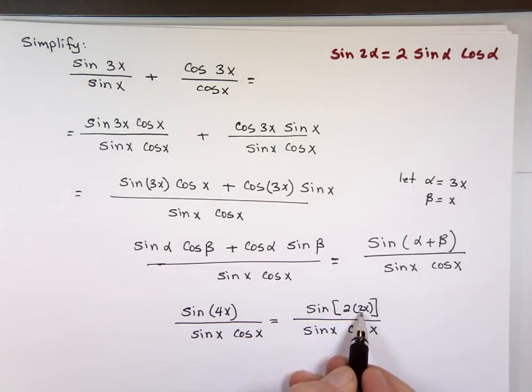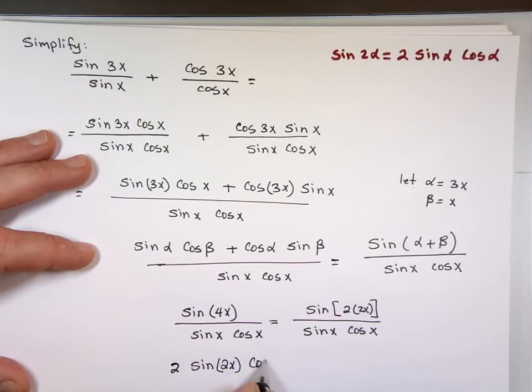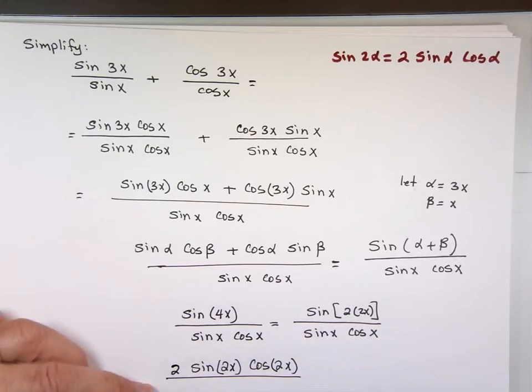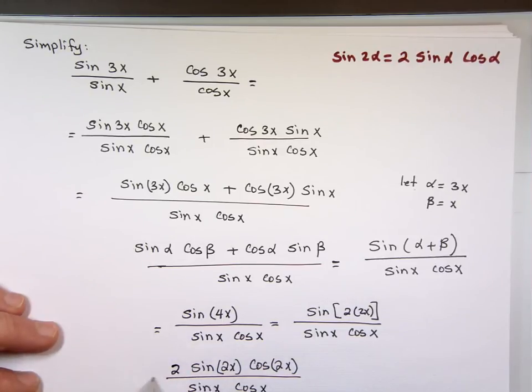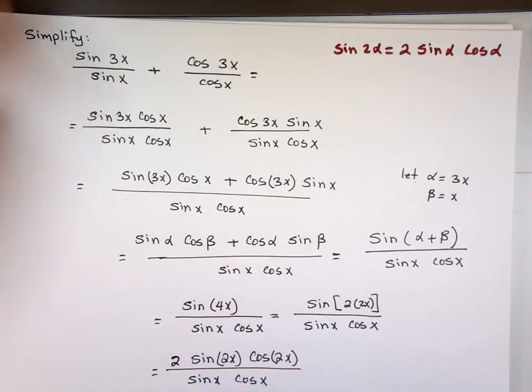So I can write that 2 times sine 2x cosine 2x. I'm making progress, but I'm not there yet. I didn't expect this problem to be this ugly. I should have made that a minus. That would have been a lot easier.